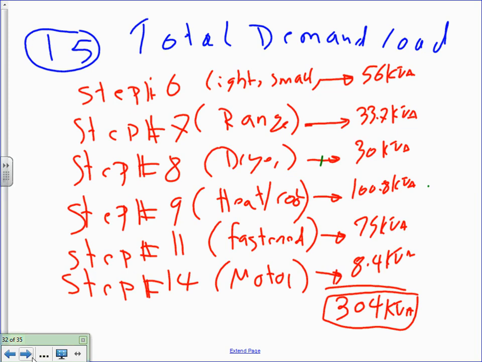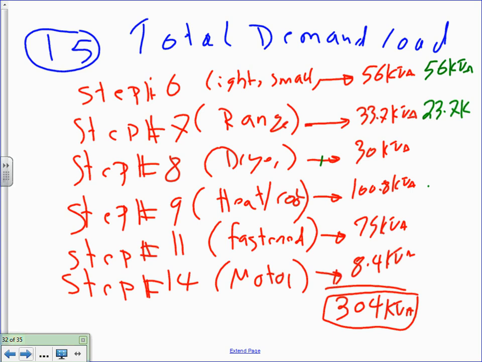All right, now let's add them up. Who's my favorite student who's going to give me all these numbers so I can add them up? This one will be 56 kVA. Next one, the range. What was the range? 23.7 K. For dryers, 0. It was 0 for the motors. The dryers?